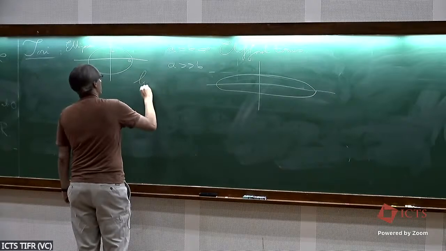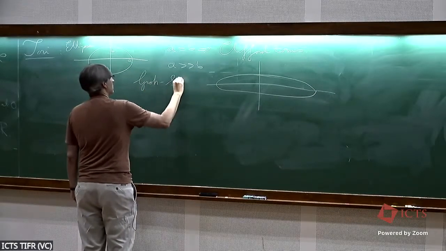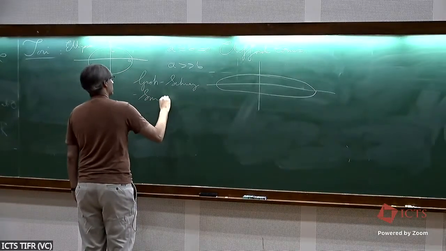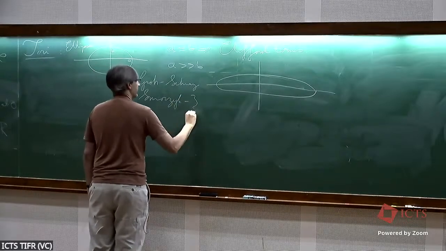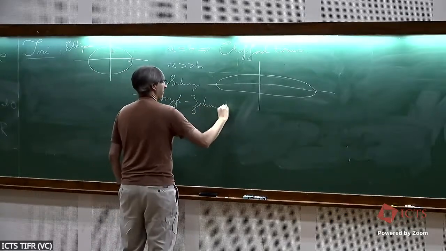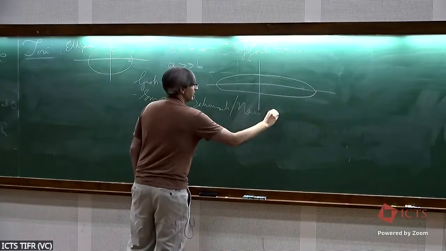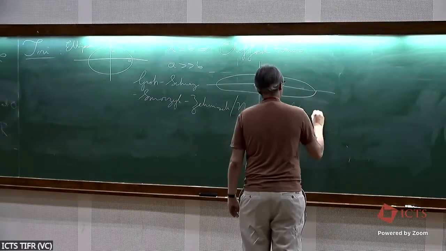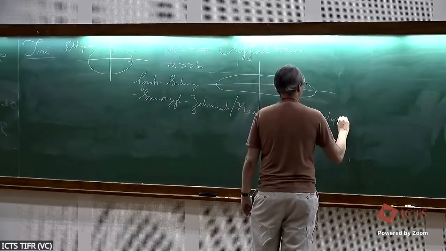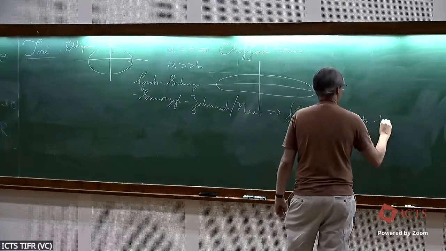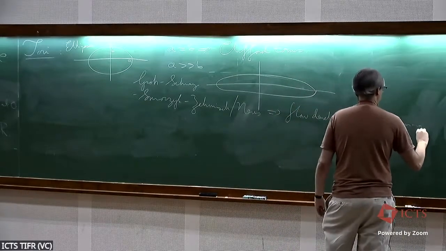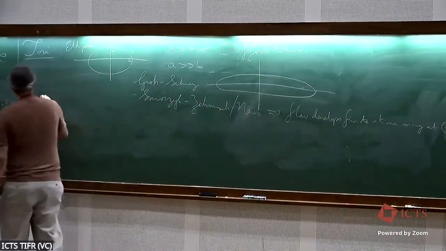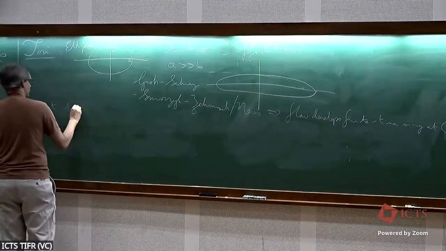Then it was shown by Grove, Schwartz, Smoczyk, and Zamish, as well as Neves, that the flow develops a finite time singularity at 0, but it does not shrink to a point.